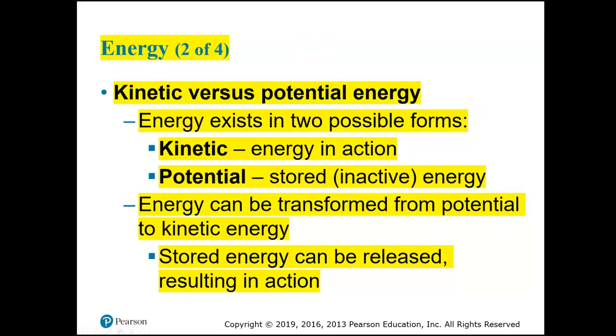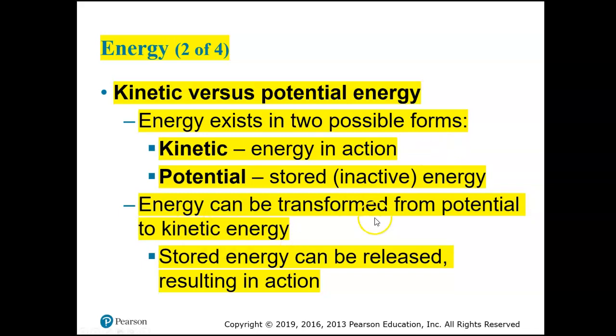When we study energy in terms of whether it's kinetic or potential: if energy is kinetic, it's the energy of action or motion. If it's potential, it is stored energy that's inactive. In chemistry, potential energy is stored in chemical bonds, and kinetic energy is released when those bonds are broken.